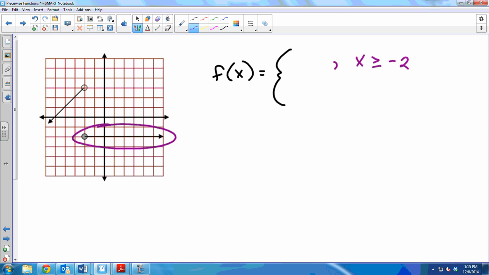What is the equation of that line? Negative 2. Y equals negative 2. You can't put if or a comma. So far, so good? All right, let's do the interval for the second part, and then we'll talk about the function. What's the interval?